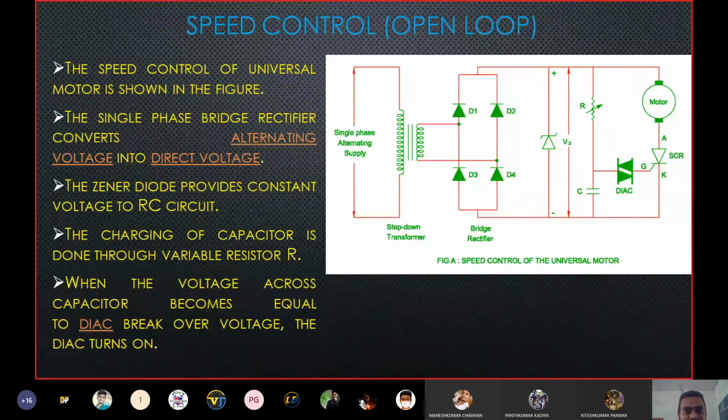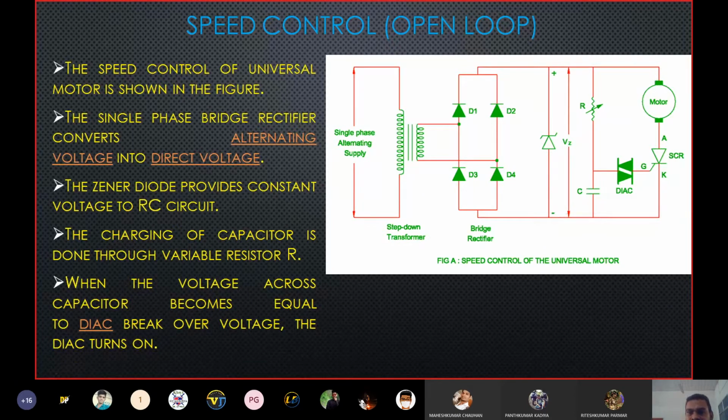Now the speed control, that is the open loop speed control of a universal motor. Here is the circuit diagram for it. The single phase AC supply is given to the step down transformer, then it is given to the bridge rectifier, then the Zener diode is also connected. We assume this terminal is the positive terminal and this terminal is the negative terminal.